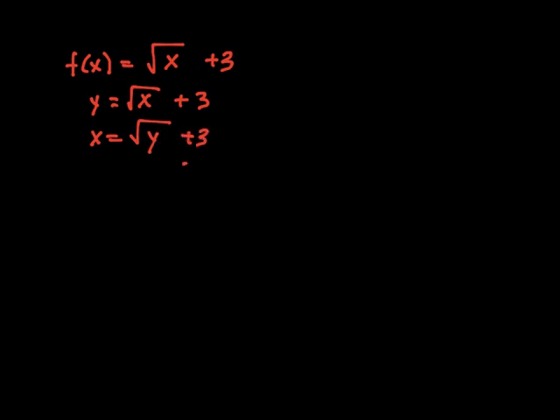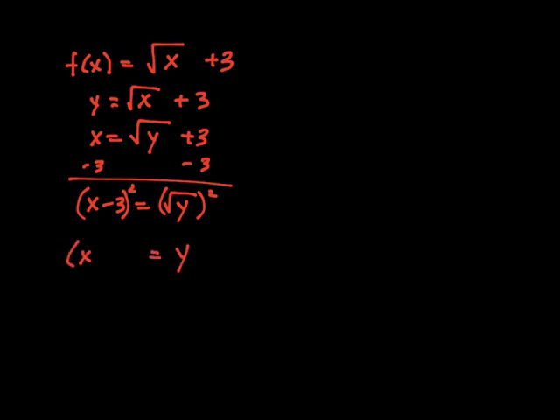I am going to subtract 3 from both sides, so I have x minus 3 equals the square root of y. Now I'm going to square both sides, so I have y equals x minus 3 squared, or f of negative 1, x equals x minus 3 squared.